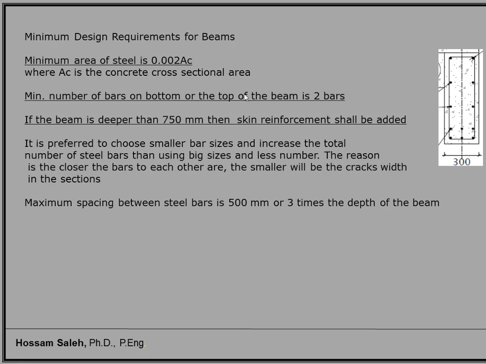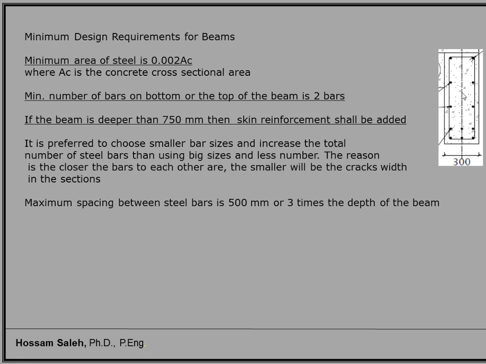That's number one. Number two is the minimum number of bars. I have to add at least 2 bars at the bottom, and another 2 bars at the top, as a minimum for that beam. Now if my beam depth from the top to the bottom is more than 750 millimeters, then we have to add skin reinforcement.